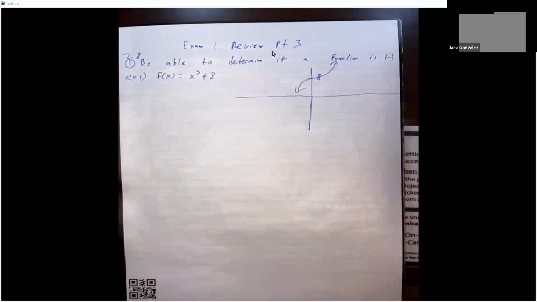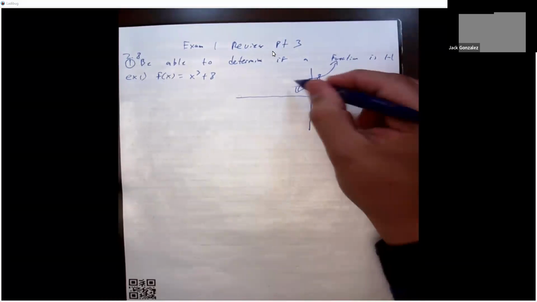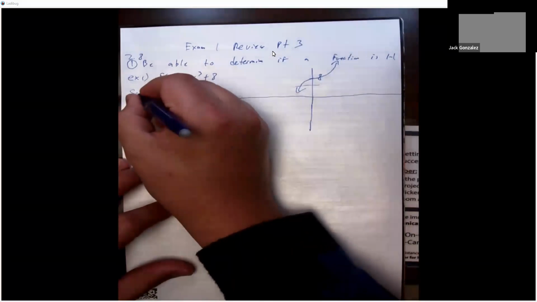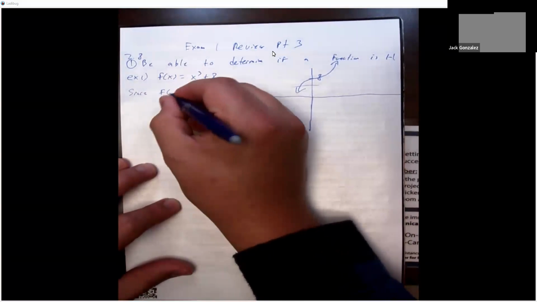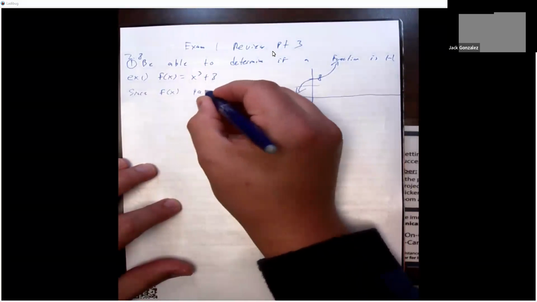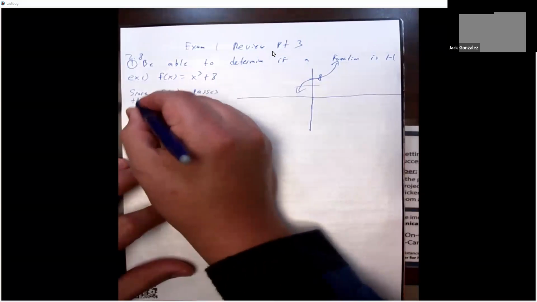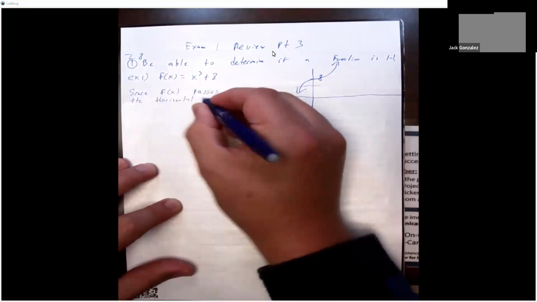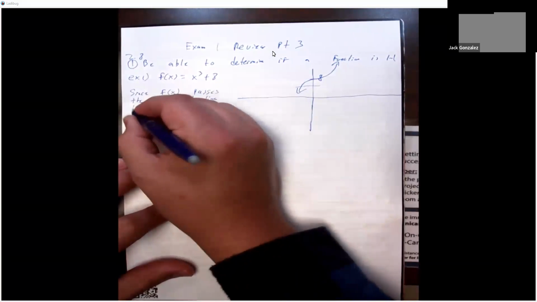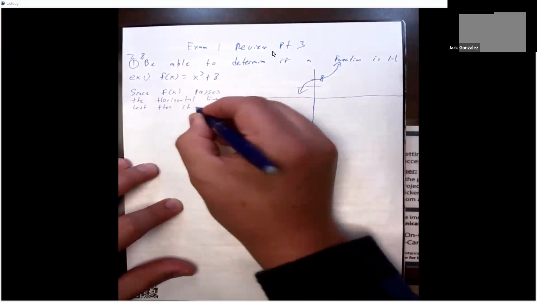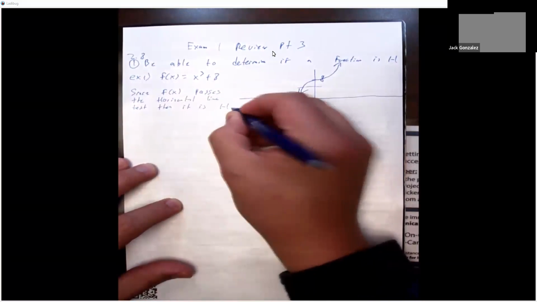You can graph it on your machine, but you should see that it passes the horizontal line test. So since f of x passes the horizontal line test, then it is 1-to-1.